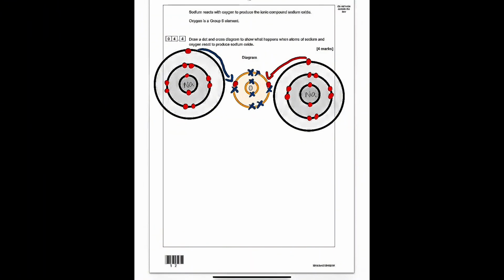So I'm going to draw the structure for the ion for oxygen, which is going to be over here. Just bear with me, I want to make sure I do it perfectly. So here we are.